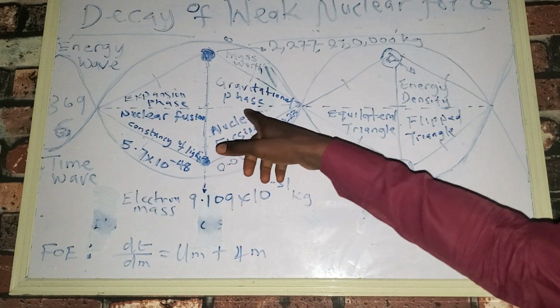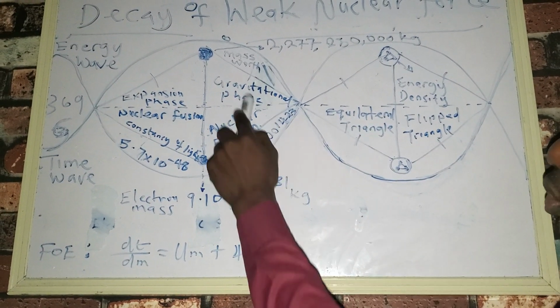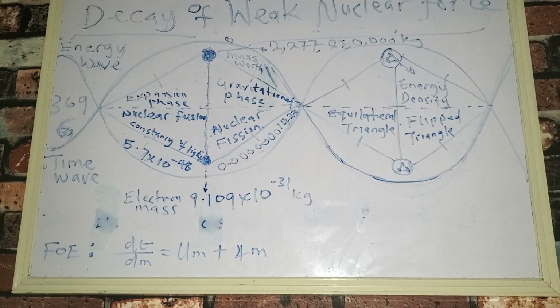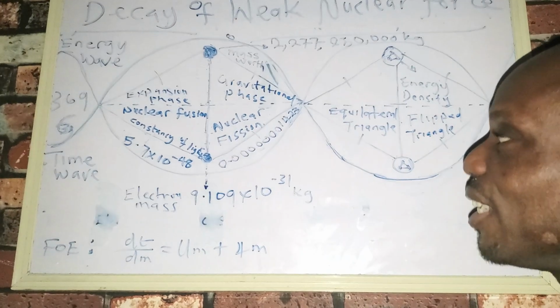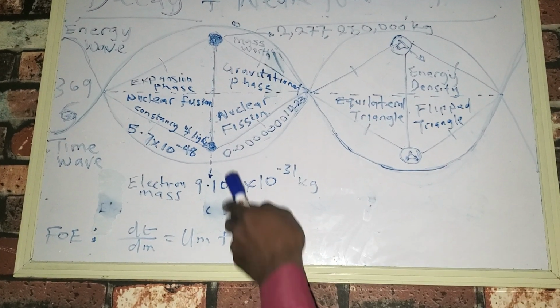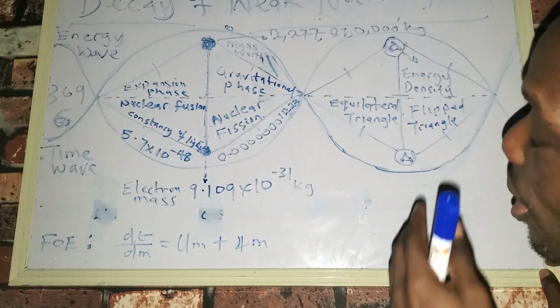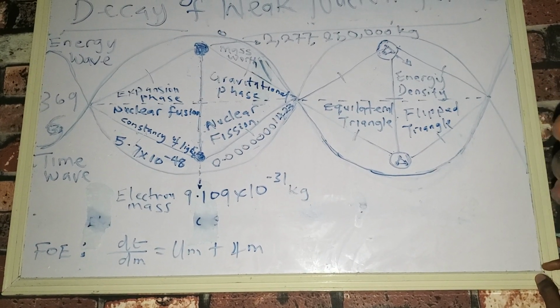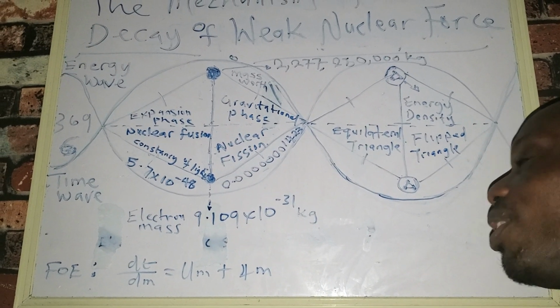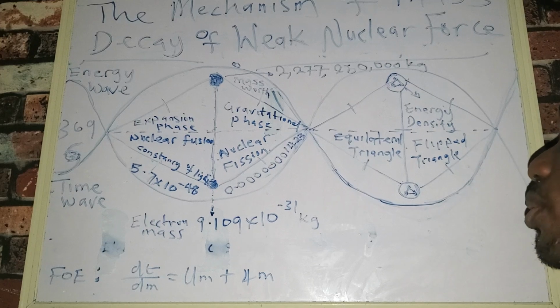Now in the contracting phase, which is the gravitational phase, we have nuclear fission. Nuclear fission, we know, has to do with decaying of mass, and this decaying of mass is mediated by weak nuclear force, and it is so mysterious.